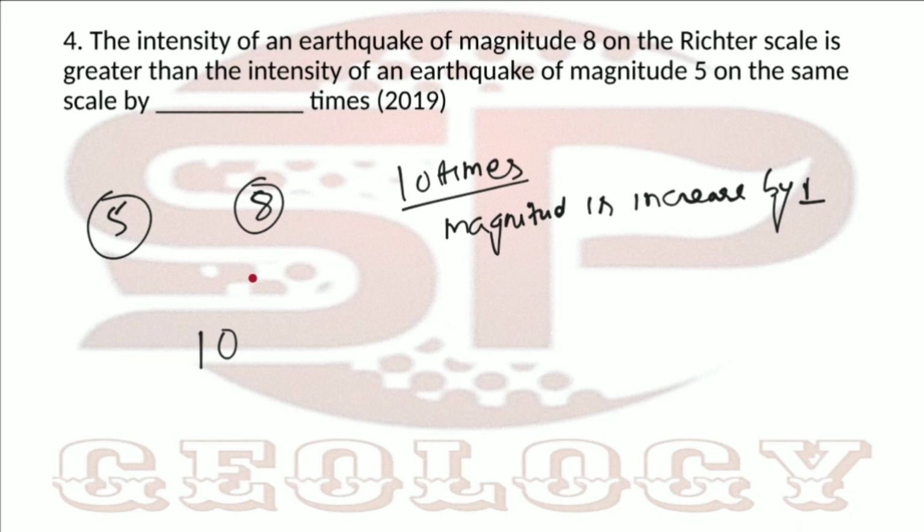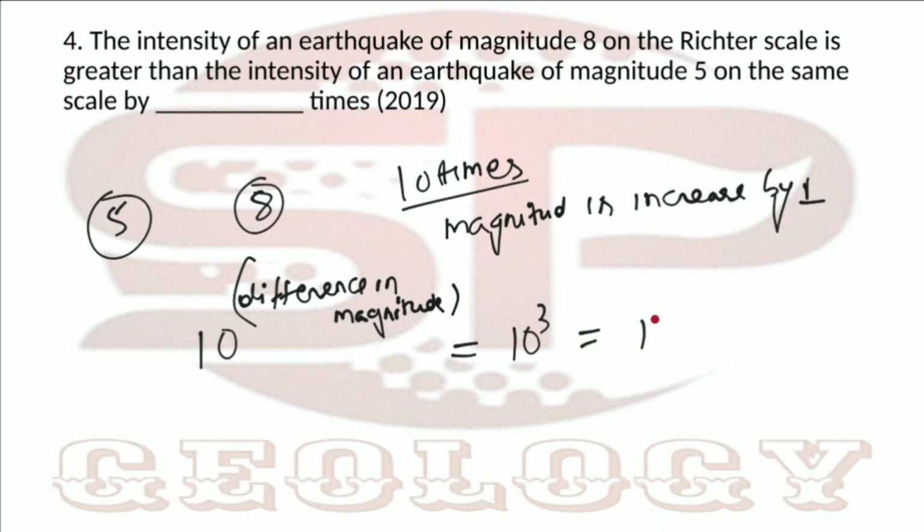It is 10 to the power of the difference in magnitude. It will be 10 to the power 3, which is 1000 times. So the intensity at 8 will be 1000 times more than the intensity at 5.